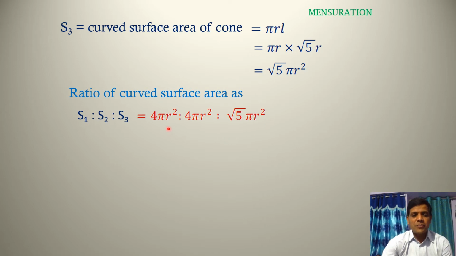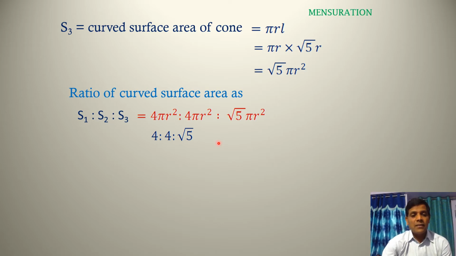So this is the ratio. What are the equal terms? Pi r square, pi r square, pi r square, equal terms cancel. So the remaining value is 4 : 4 : root 5. This is the ratio of curved surface area of sphere, cylinder and cone.